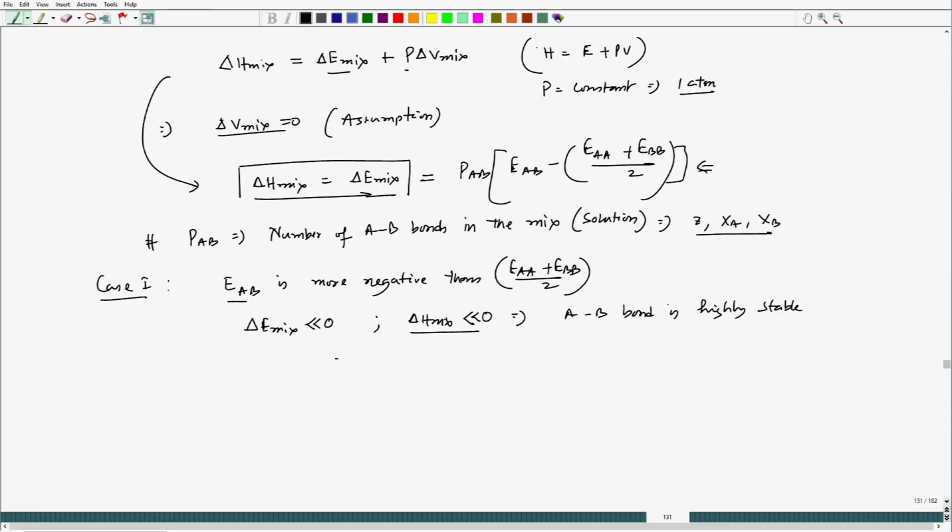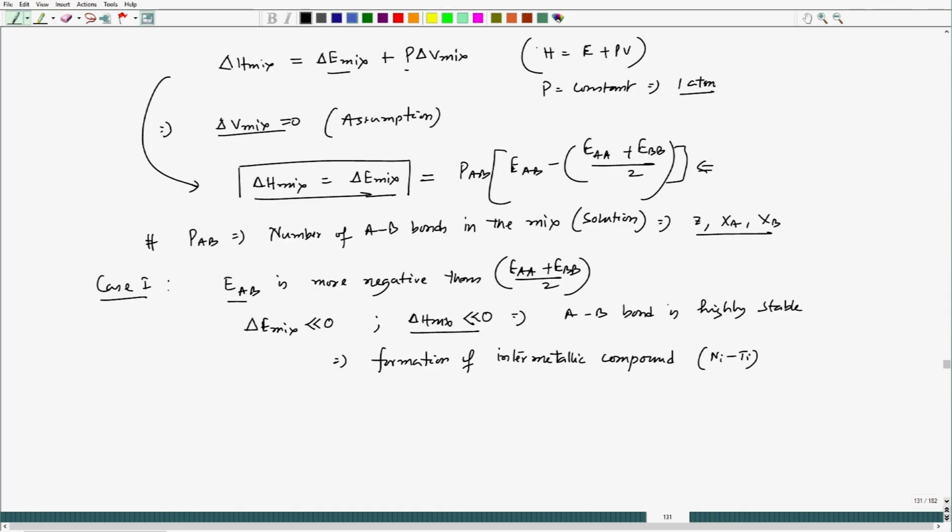So, at that time we can experience formation of intermetallic compound. For example, in the nickel titanium case, we can get an intermetallic. There nickel and titanium have a very high interaction, and the AB bond, with both being different types of atoms, means NiTi atoms will have a strong negative interaction. So, they would like to form a compound.